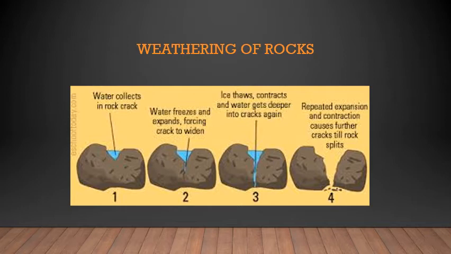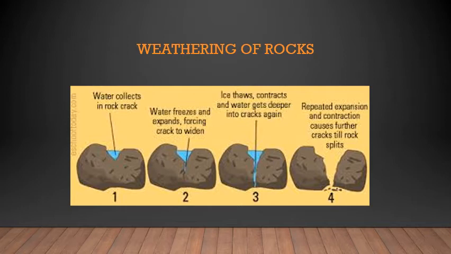Here on your screen you can see that if there is a small ditch in a rock, water gets collected in that rock. Now after rainy season comes winter season. In winter season the water freezes. Okay, when the water freezes and expands, it forces the crack to widen. The small crack will become bigger and bigger because the water in it freezes.